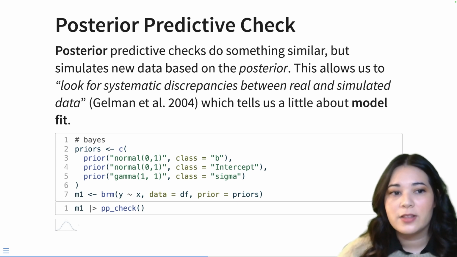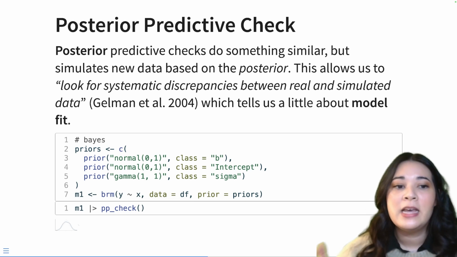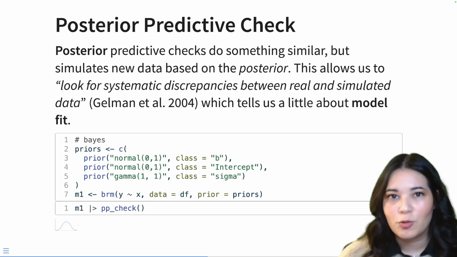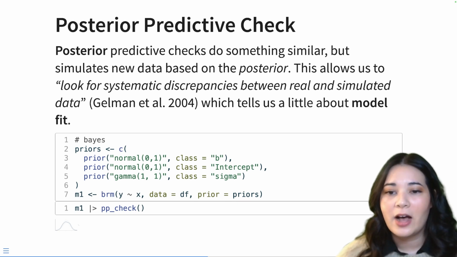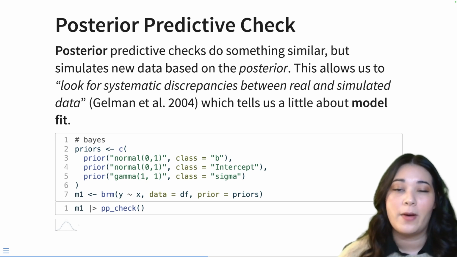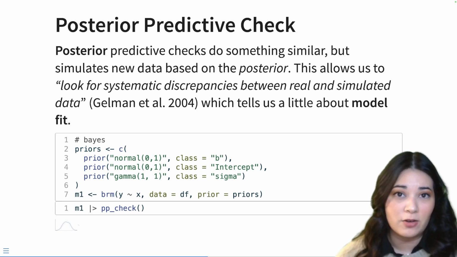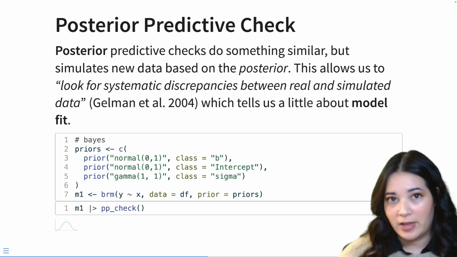Now, like with the prior, this allows us to basically look for any systematic discrepancies between the real data that we've observed and the simulated data. This is a quote from Andrew Gelman, one of the huge names in Bayesian statistics, and he basically goes on to say that this can help tell us a little bit more about whether the model that we've generated is a good fit.